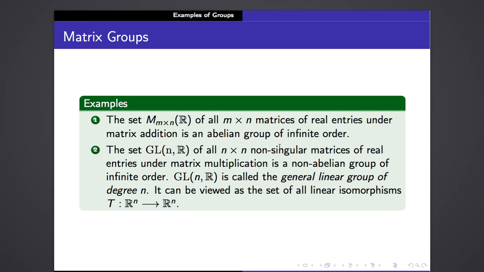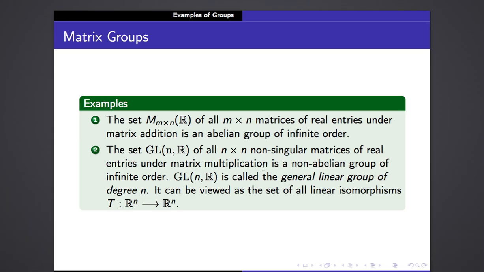A matrix is invertible means that it has an inverse matrix. So obviously we have to require the members of this GL of n, R to be non-singular, so that it can be a group under matrix multiplication.